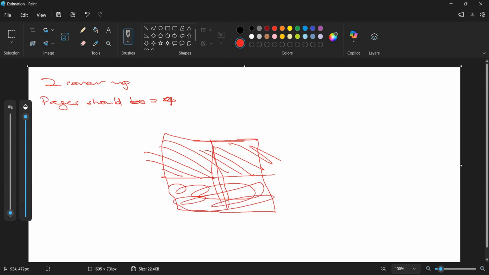Do you get it? Having this in mind, that means you now get why the 4 pages to view is 2 cover-ups. Alright, let me move on.